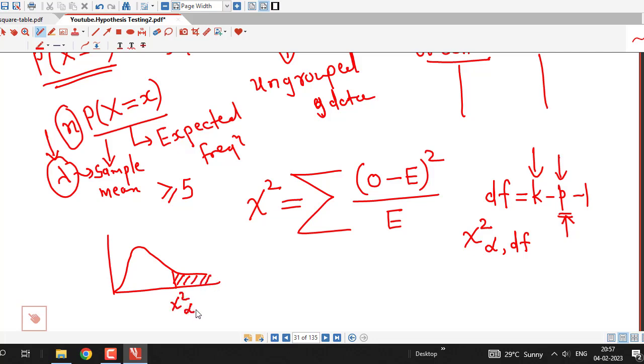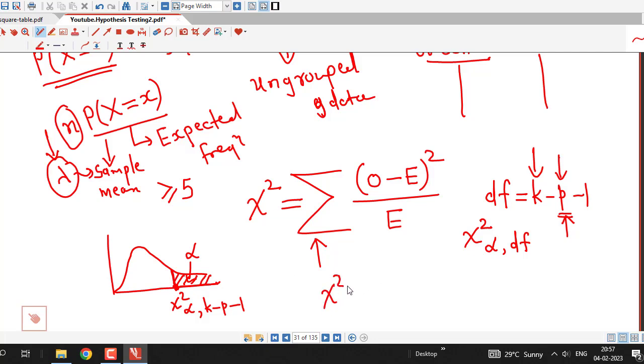Suppose this critical value is chi-square alpha with degrees of freedom k minus p minus 1, then the area to the right side of this point is alpha, and this is the rejection region. So we check whether the calculated value of the test statistic is to the right side of this or less than this, and accordingly we take the decision.